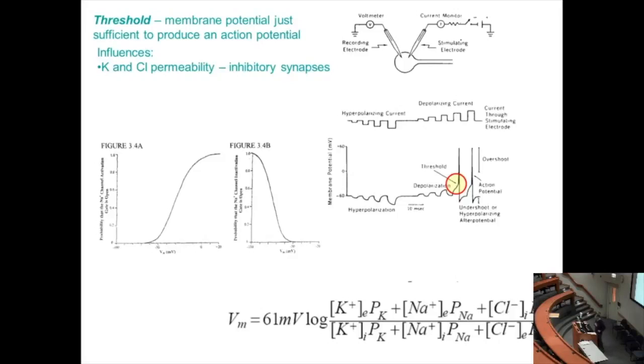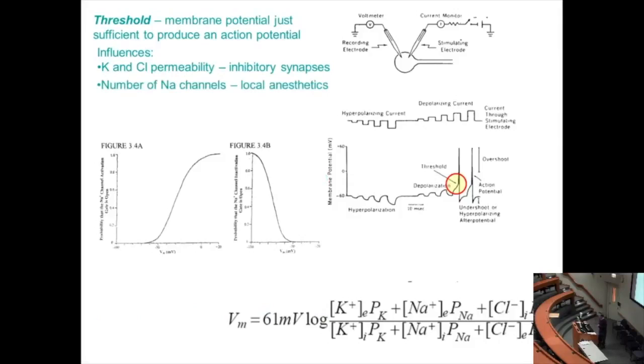So you can try to make this membrane more positive by adding positive charge, but it's going to make it much more difficult to get that voltage higher if you've got potassium dragging you back down negative. So it's a tug of war, and with a lot of potassium pulling you down this way, you need a pretty strong force to pull you up. Same thing with chloride. Chloride wants to pull you down. We'll talk about that more in the next lecture, okay?